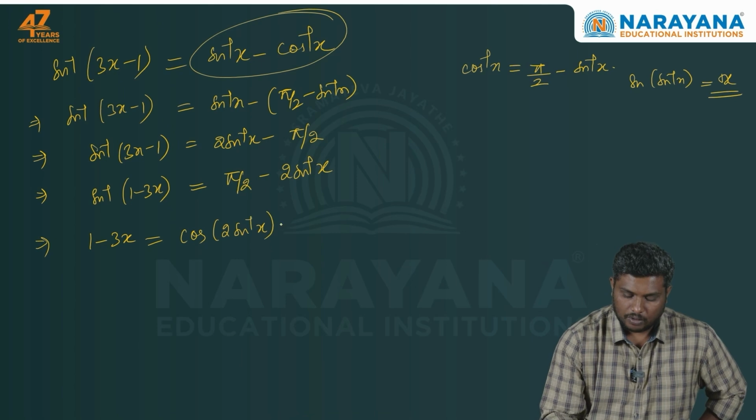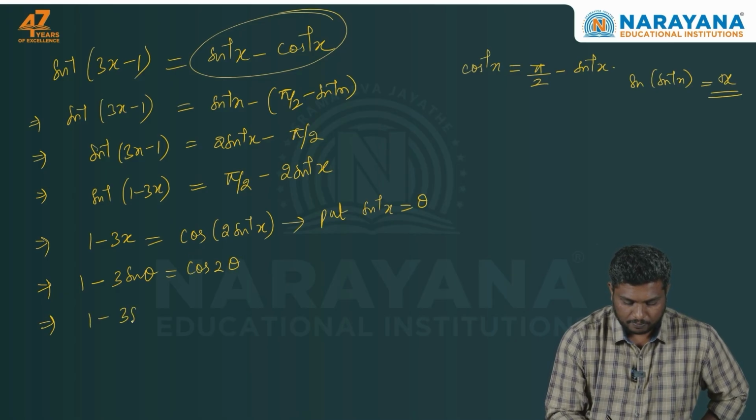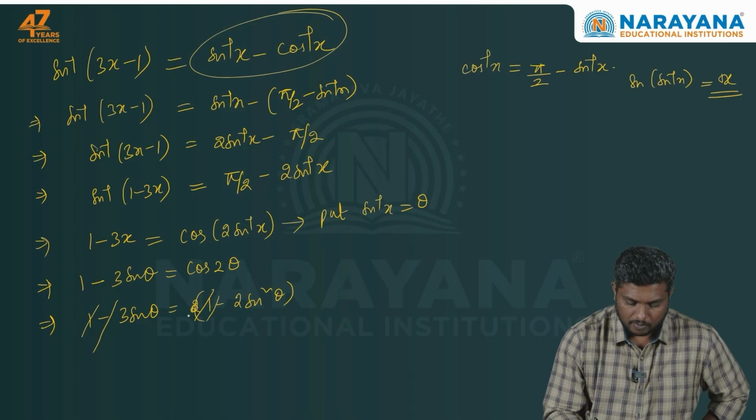Now if you take sine inverse x equal to theta, this becomes 1 minus 3 sine theta is equal to cos 2 theta. What is cos 2 theta? 1 minus 2 sine square theta. Okay, 1 gets cancelled, minus minus cancel.